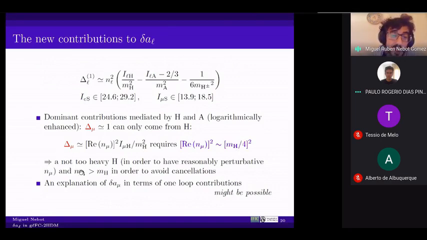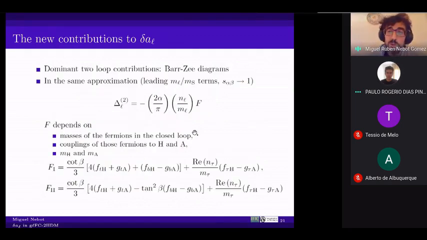So this means that a not too heavy scalar, while keeping a reasonable perturbative coupling, might be sufficient to do that. And the pseudoscalar should be heavier in order to avoid cancellations that spoil this business. So in principle, the muon anomaly might be feasible at one loop. Good. So that's for one loop.